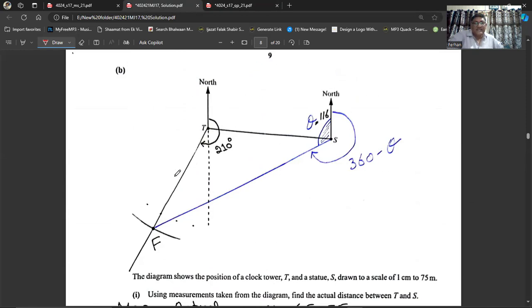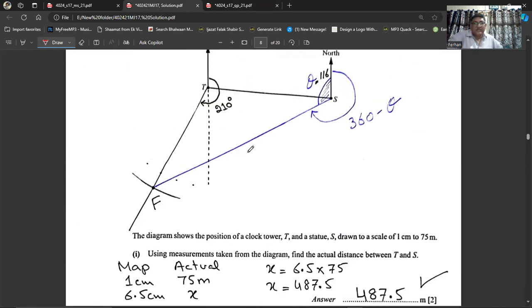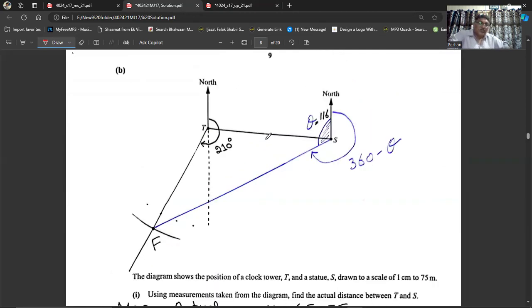I know this distance. And I can find this angle. Once I know this angle, then I can find this. This is the bearing of the F from S, 360 minus theta. So once I know this angle.